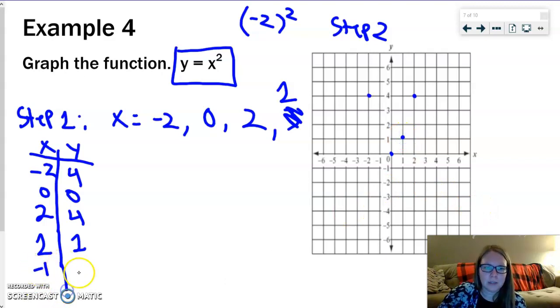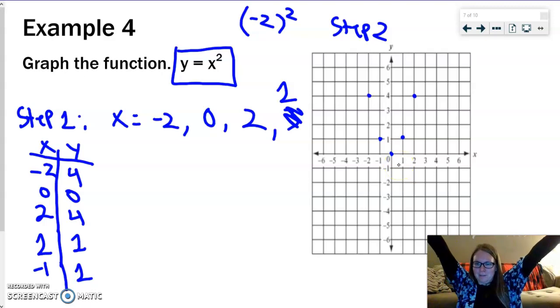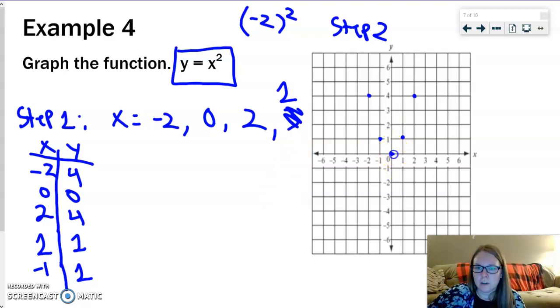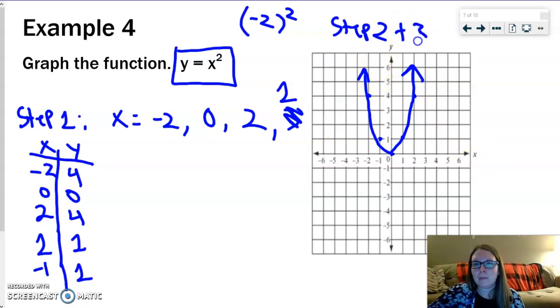Well, -1 times -1 is a +1. So what happens in this one is it's not like the absolute value ones that went straight out as a V. This one actually kind of curves in a little bit. As you notice, I ended up adding a few other x values just so that I could graph this out a little bit better. And I'm trying to line this up as best as I can. So drawing in that curve, that's step 2 plus step 3.